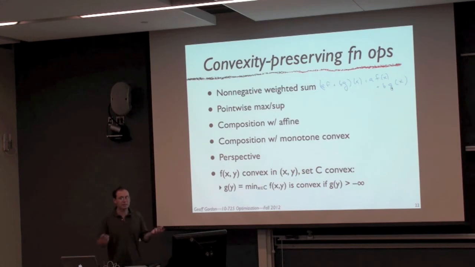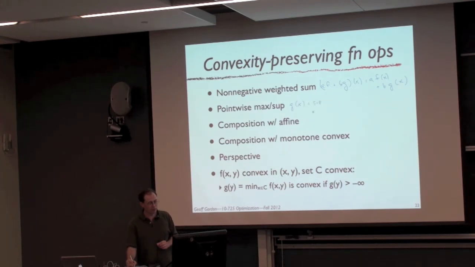And so if a and b are both non-negative and f and g are both convex, then af plus bg is convex. The pointwise maximum, right? So g of x is equal to the supremum over i in some set I of f_i of x, right?